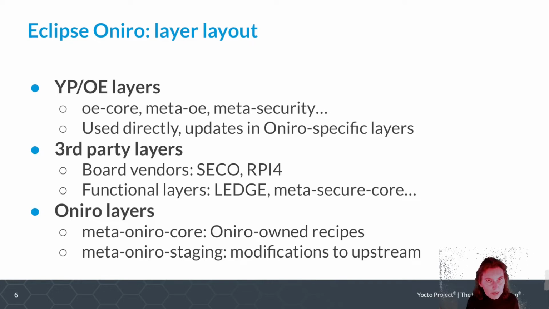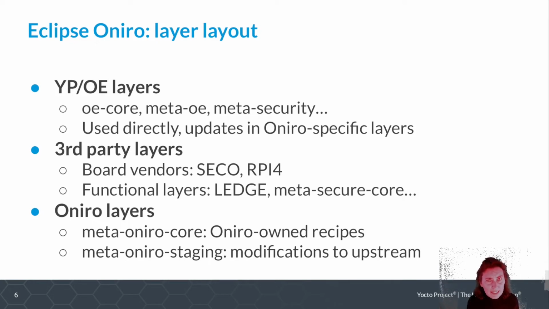Then we have third-party layers, or the layers we take from different sources, either for boards or for certain functionality. In this case, we tend to also use the original layers and just point to the release, but in some cases we create forks if there are too many changes for us to maintain, or the changes are not yet ready for the upstream layer.